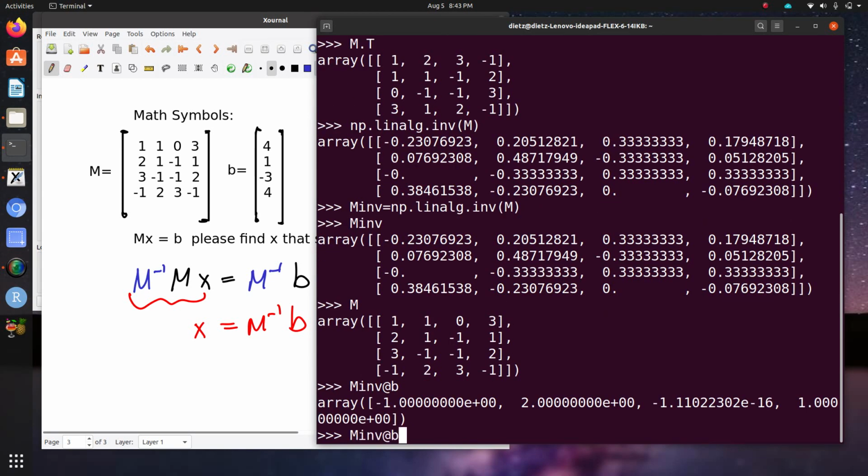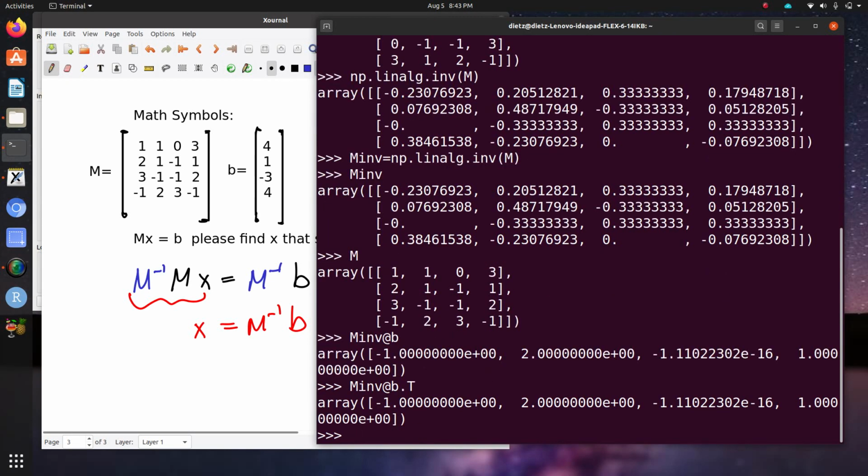And of course I can do b transpose. And again, this is just because numpy is being extremely forgiving about how I feed it b. I'm really happy because I'm just used to computer algebra systems choking when I give it b in the wrong direction. So numpy is very, very sweet this way. Very, very happy.